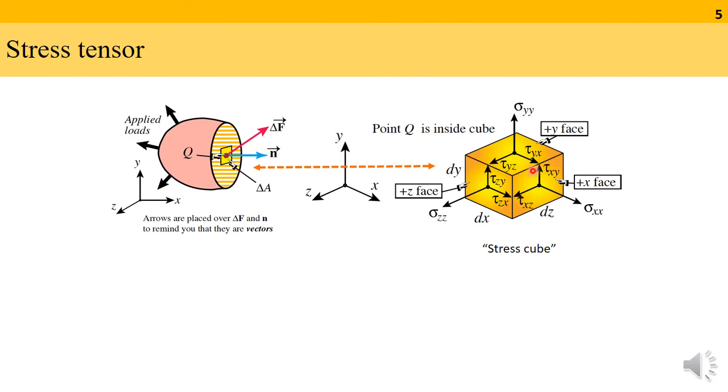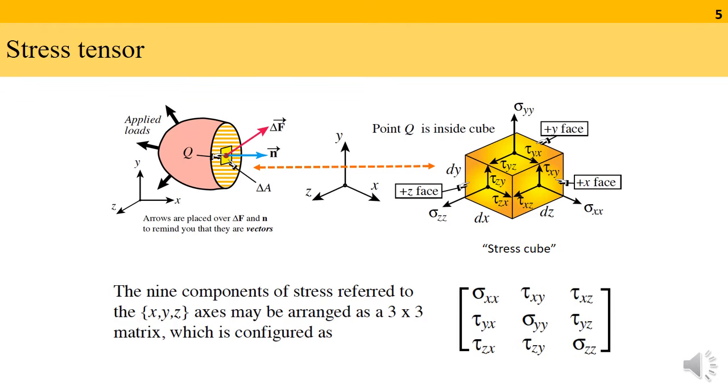If I make a cross section such that the x-axis is parallel to my outward normal, then the three components of stress on that cuboid are sigma xx, tau xz and tau xy. Similarly, on the y is sigma yy, tau yx, tau yz, and on the z axis you have sigma zz, tau zy and tau zx. So there are actually 9 components of stress we are getting.